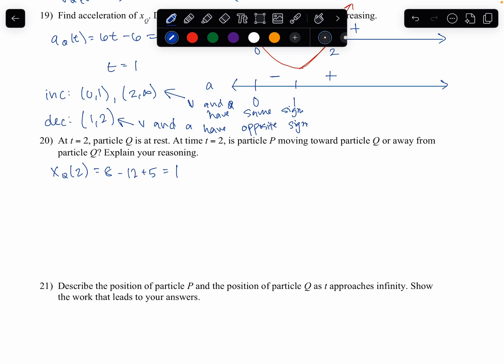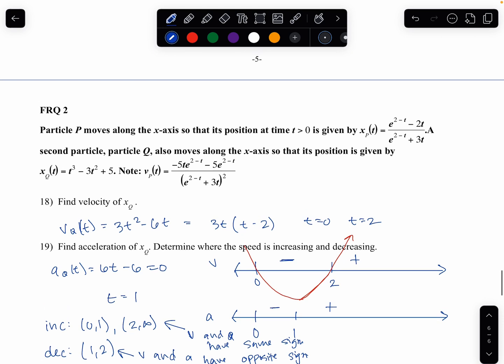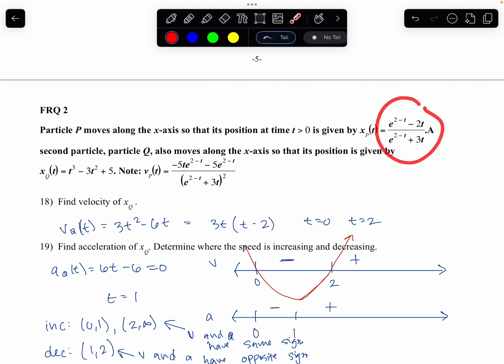So then we need xp of 2. So you're going to have to plug in 2 right here. If I plug in 2, that becomes 2, that becomes 2, that becomes 2, and that becomes 2. But if these become 2, these just become 1.